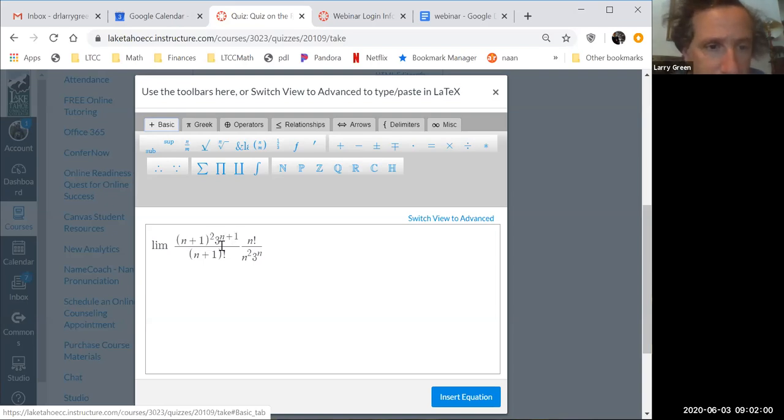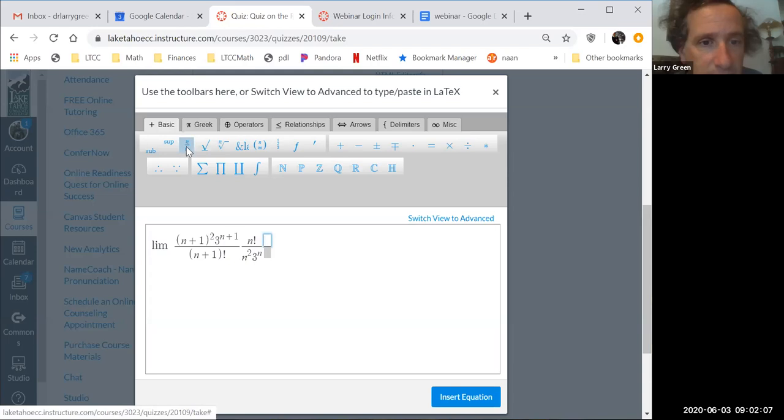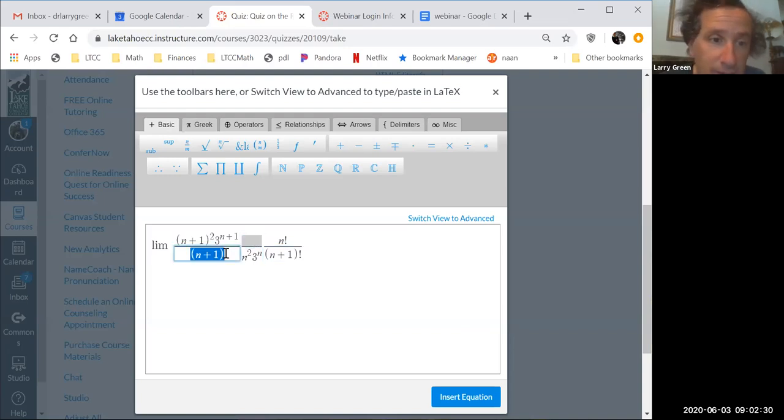So what I can think about is I'm going to have one more fraction, and I'll put the factorial as the last fraction. We have n factorial over n plus 1 factorial. So let's get rid of that n factorial and that n plus 1 factorial.